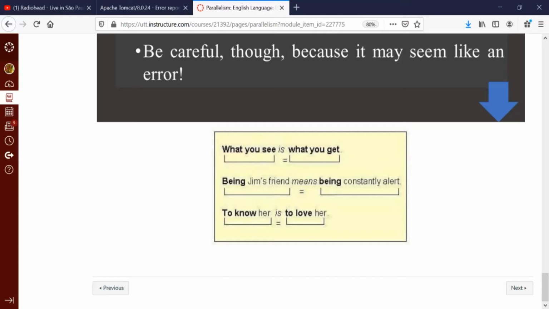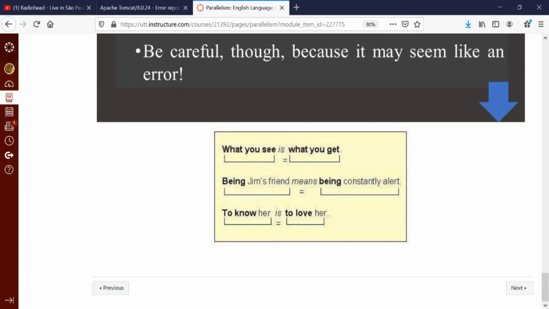In the other example, the parallelism is using a single word, being. Being Jim's friend means being constantly alert, right? So we are using the repetition of being.